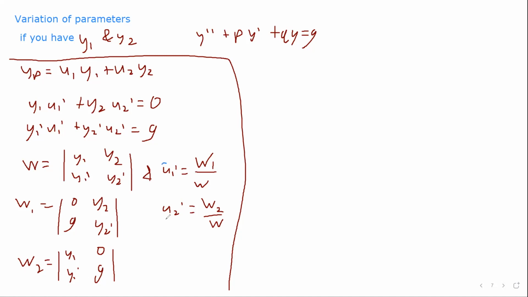Once you have u1 prime and u2 prime, you of course need to get u1 and u2. You can actually ignore the constants. So u1 equals the integral of u1 prime, and u2 equals the integral of u2 prime. Ignore constants. No need to add them.